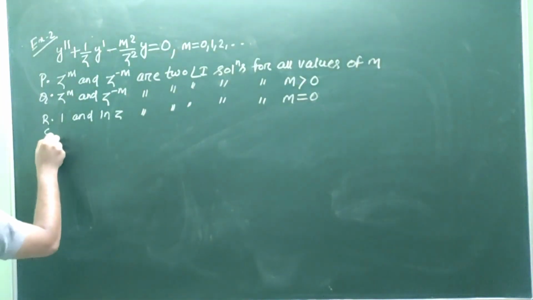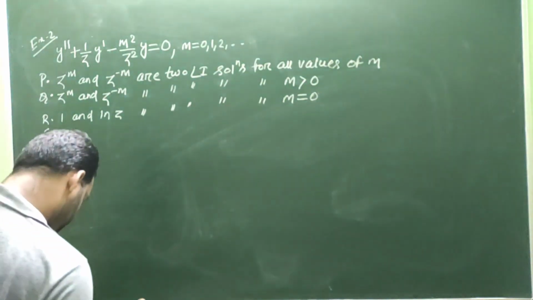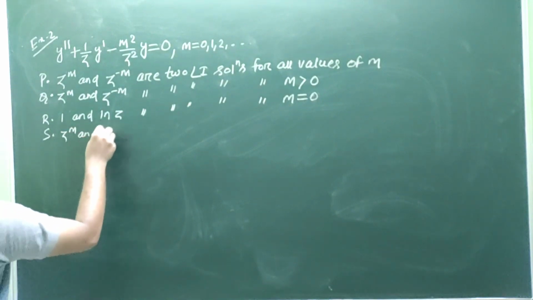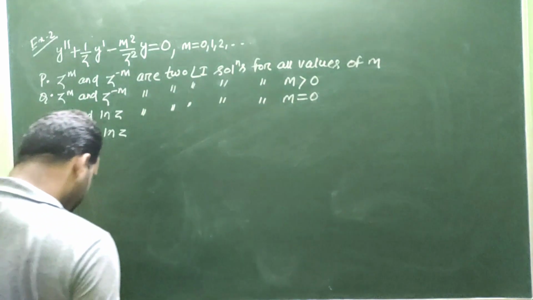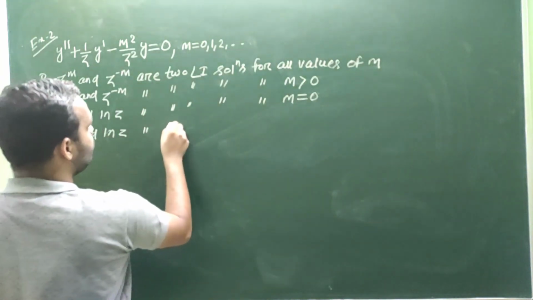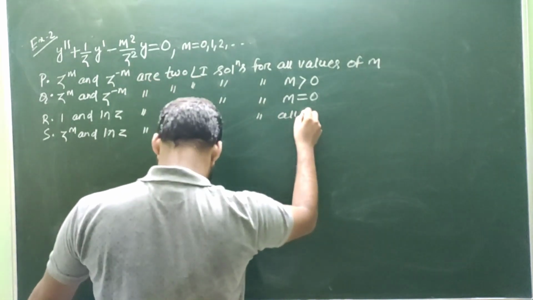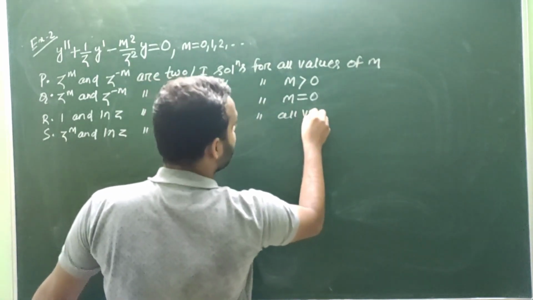And the last one S: z power m and log z are 2 linear independent solutions for all values of m.